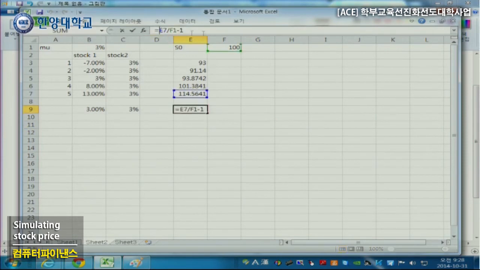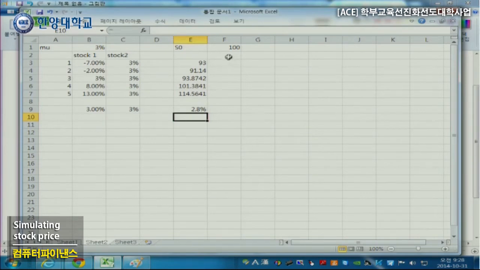And if we annualize it, interestingly, it is actually less than 3%.